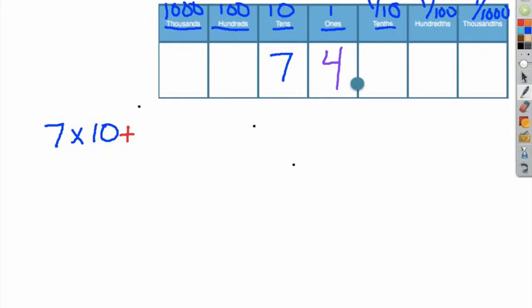So in order to get 4, what do I have to multiply 4 by? Because 4 times 1 is 4. Here comes another number. So if I'm adding a number to my place value chart, I'm going to put a plus.